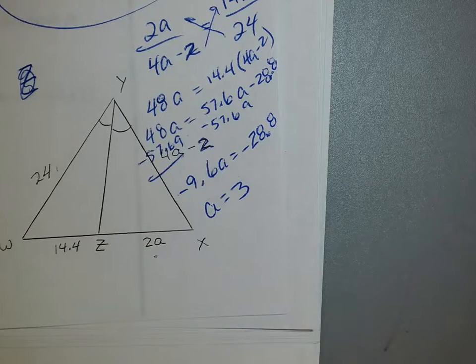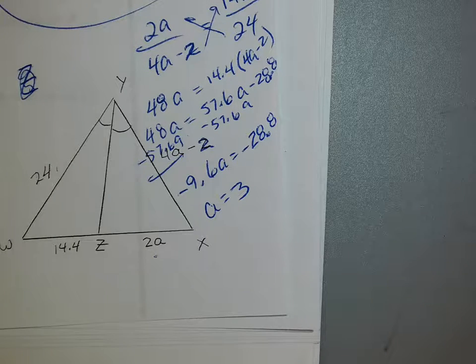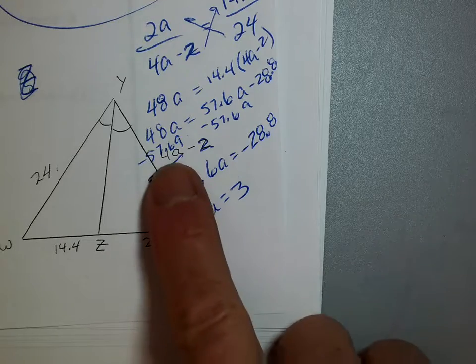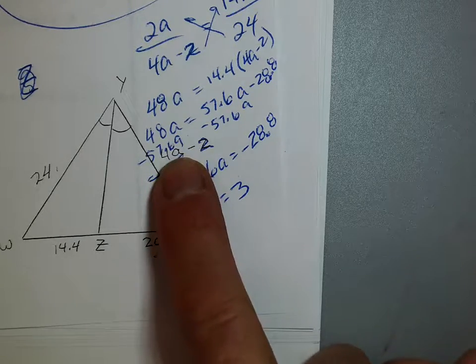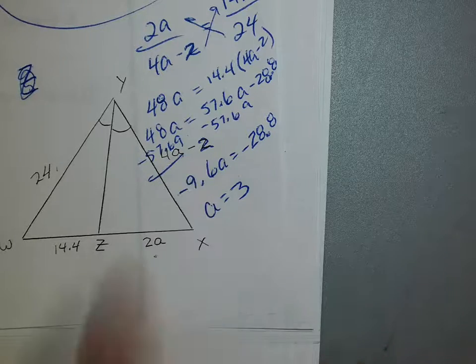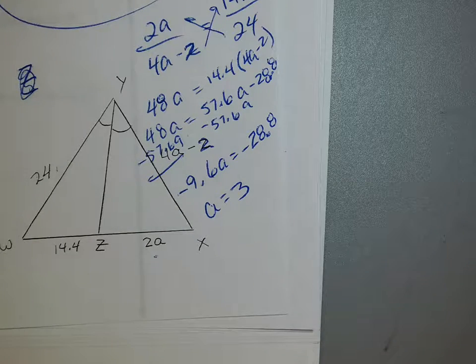You'd still owe me some money, wouldn't you? How much would you owe me? I owe you $9.60. That's what you'd owe me. You owe me $57.60, you pay me $48. Thank you for the payment. You still owe me that 60 cents. Go ahead and do it on your own, okay?